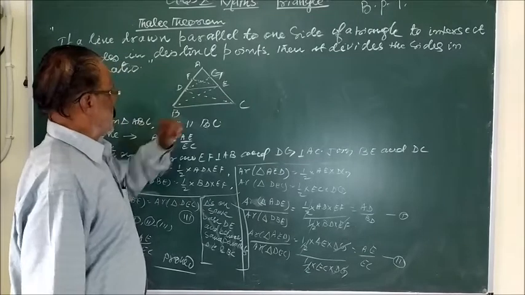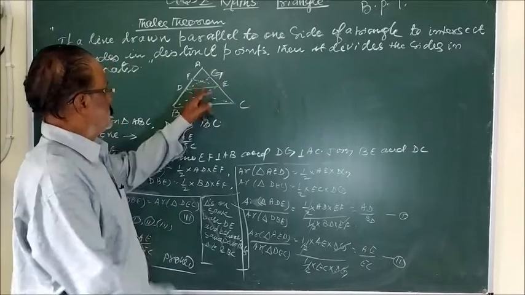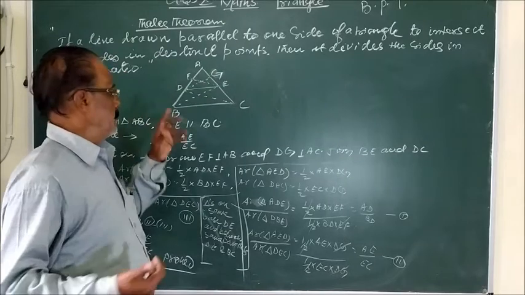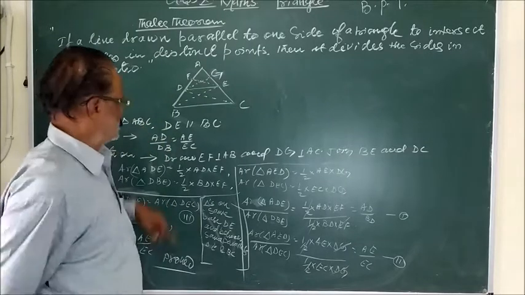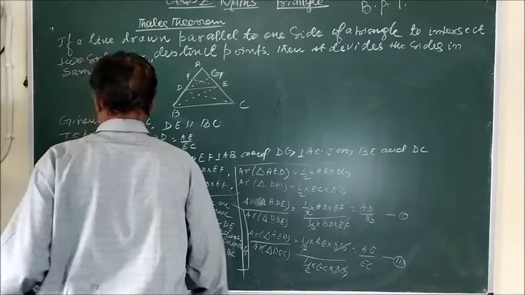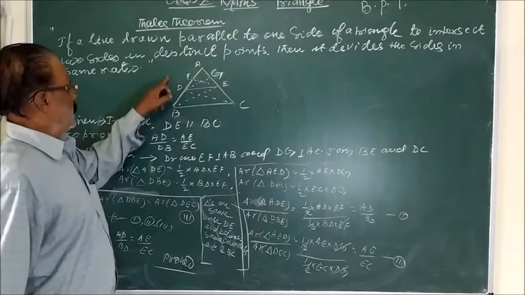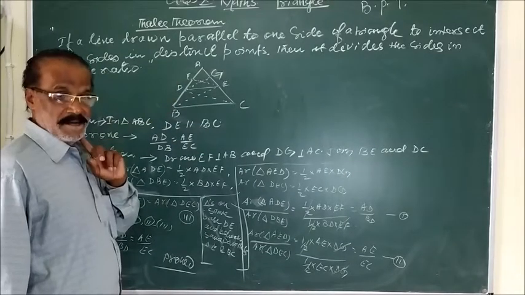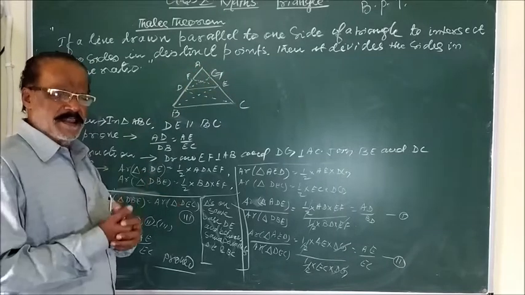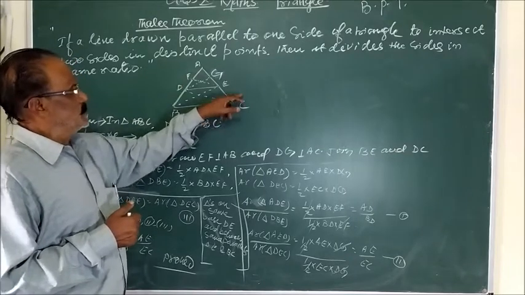Given ABC is a triangle, DE parallel to BC, and this DE intersects AB and AC at two points, D and E. So given triangle ABC, DE parallel to BC, you have to prove AD by DB is equal to AE by EC. You can reverse the ratio also: BD by DA, CE by EA.